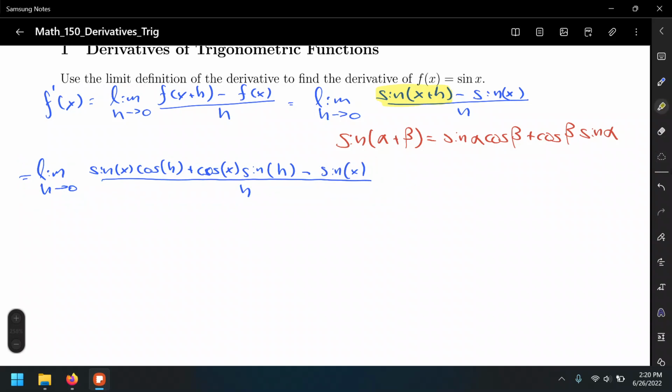I'm going to take this negative sine x and the sine x cosine h term and put them together, and then factor the sine x, you'll see.